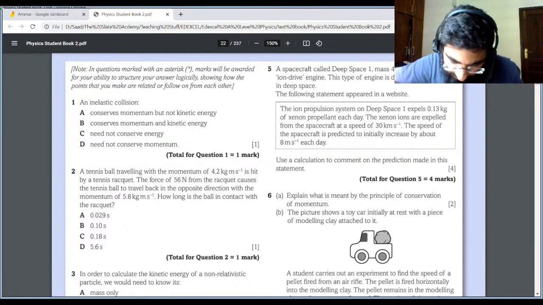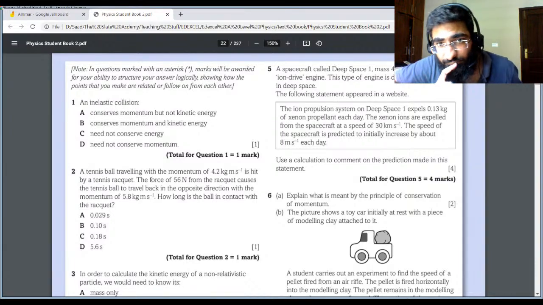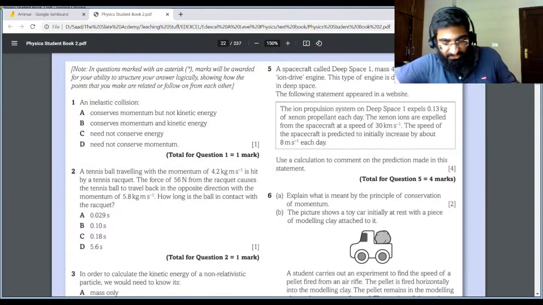U is the same as x, isn't it? I mean, the spacecraft is carrying this and it's carrying it together.